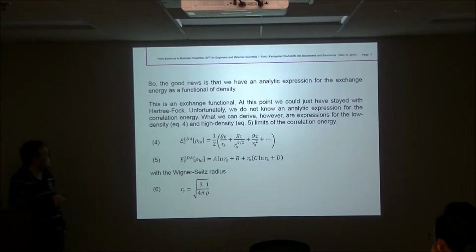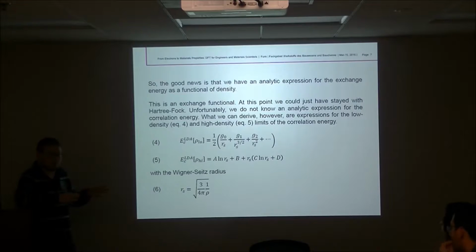But we do not know an analytic expression for correlation energy, at least not an expression which is analytic all the time. What you can derive from quantum electrodynamics are two limits, a low density limit and a high density limit. Let's start with the high density limit, right? High density means many, many electrons in a single place.